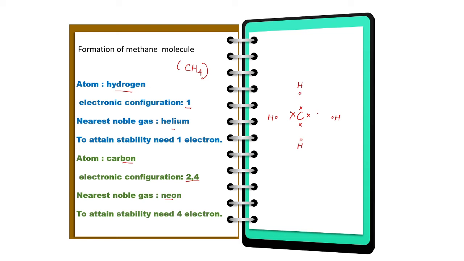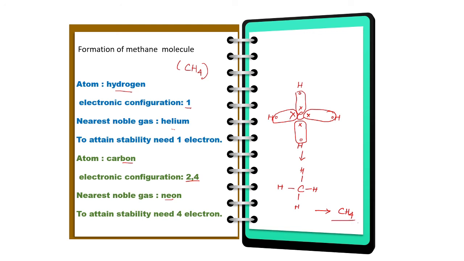Each hydrogen forms one electron pair with carbon by mutually sharing it, resulting in formation of 4 single covalent bonds. Okay, this is the structure.